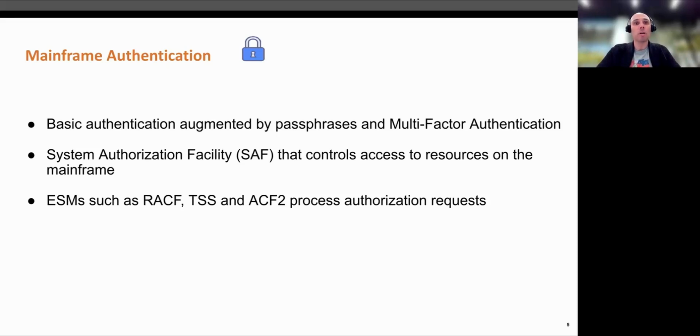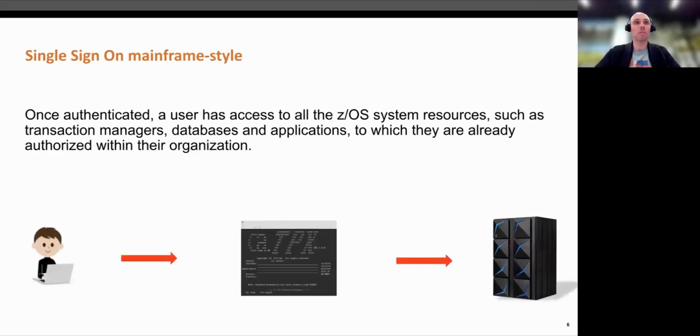We know that there is a utility called SAF that enables programs to use system authorization services to control access to the resources on the mainframe. And then we have ESMs, external security managers, that process these authorization requests. So we've got this well-established security framework for the mainframe, and this is just very, very high level, obviously. If we go on to the next slide.